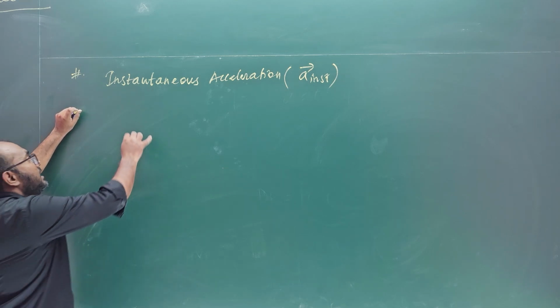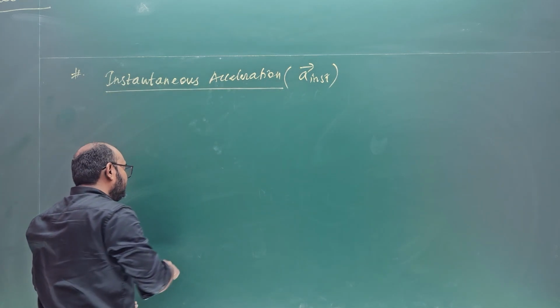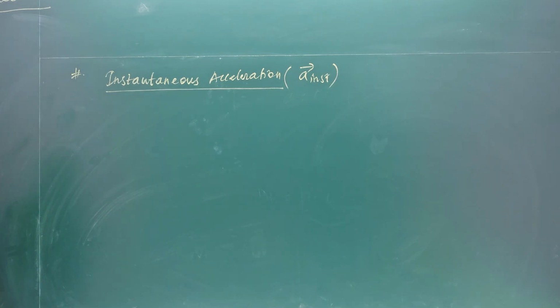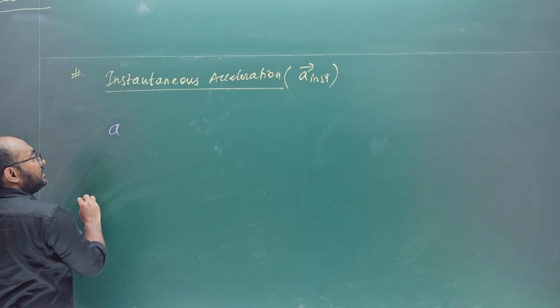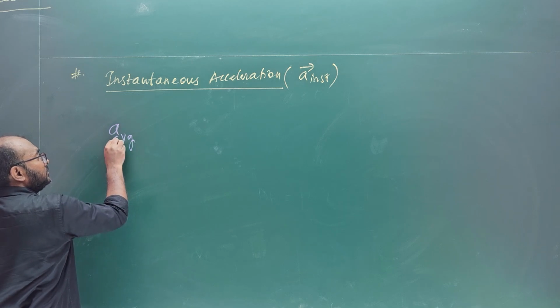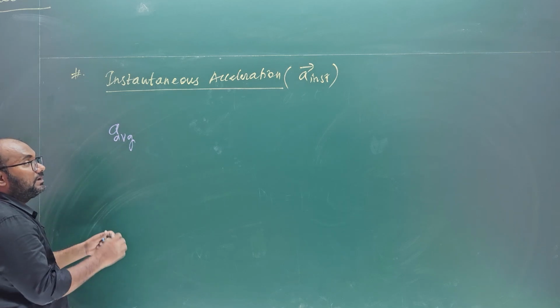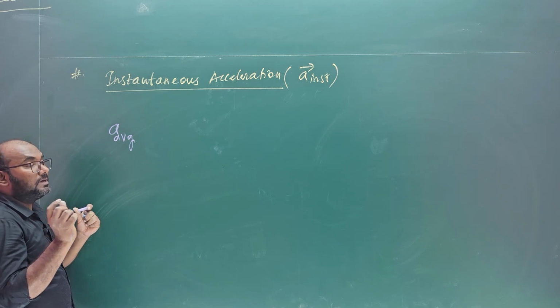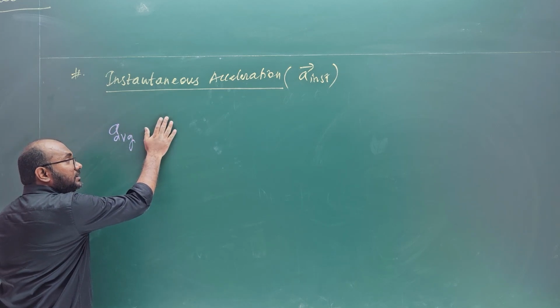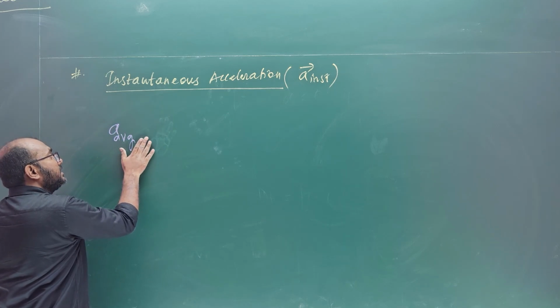Okay, instantaneous acceleration. Now listen to me. Instantaneous acceleration is something we already discussed in instantaneous velocity. So average acceleration for a short period of time, whenever we talk about a short period of time, will be converted into instantaneous acceleration.